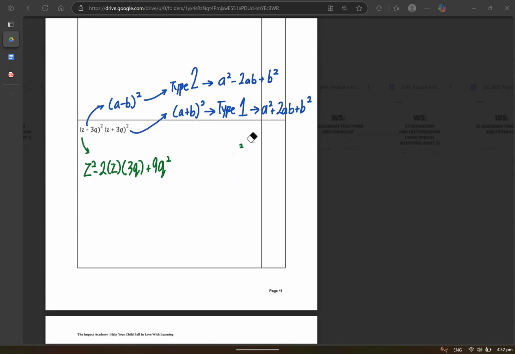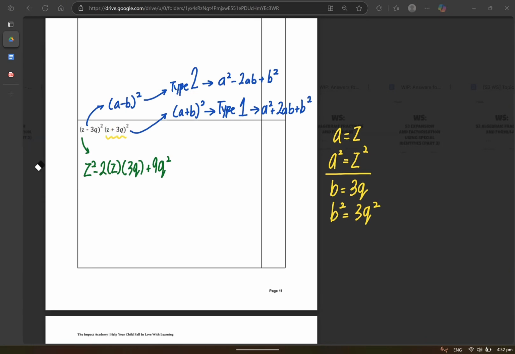Once again, I have no space, so I'm just going to erase that. For the second one, my a is z, so my a squared is z squared. My b is 3q, my b squared is 9q squared. The only difference about the second one is that it comes with a plus.